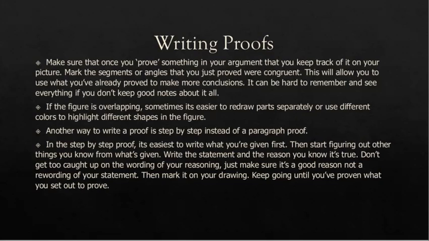Or based on the way that it's drawn, what can you conclude? You're going to write your statement and the reason that you know it's true. Don't get caught up too much in the wording of your reasoning. Just make sure that you're giving a good reason, like vertical angles are congruent, and not just rewording your statement and saying that those two angles are congruent. Mark it on your drawing, and then keep going until you've proven what you set out to prove.